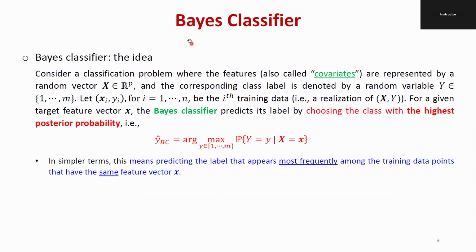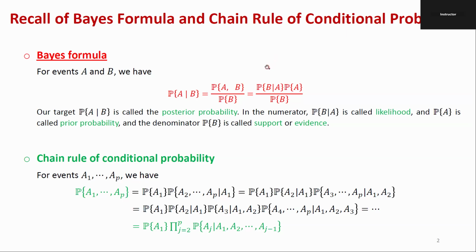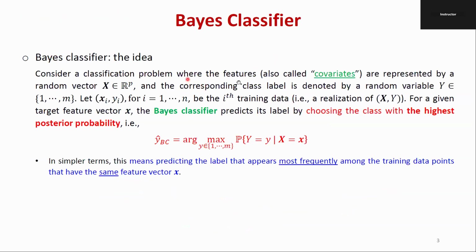So first, the idea of the Bayes formula. It's actually very similar to KNN, k-nearest neighbor. Consider a classification problem where the features, sometimes called covariates, they are all the same, are represented by a random variable x.